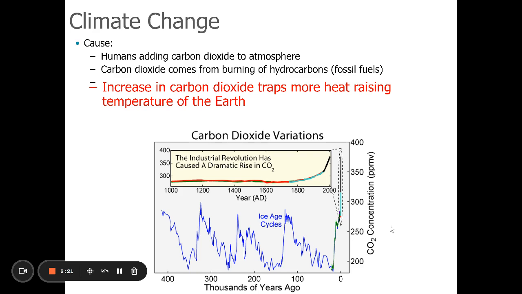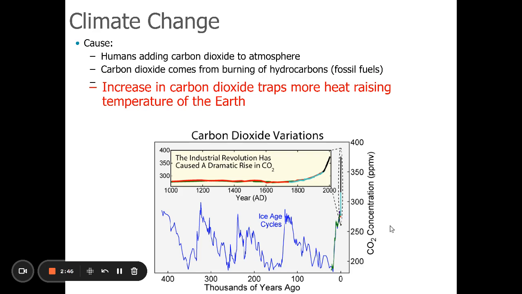We can determine the past level of carbon dioxide in the atmosphere in a whole bunch of different ways. And when we look at that over the last 400,000 years, carbon dioxide levels in the atmosphere have gone down, they've gone up, they've gone down, they've gone up, in a pretty regular pattern.